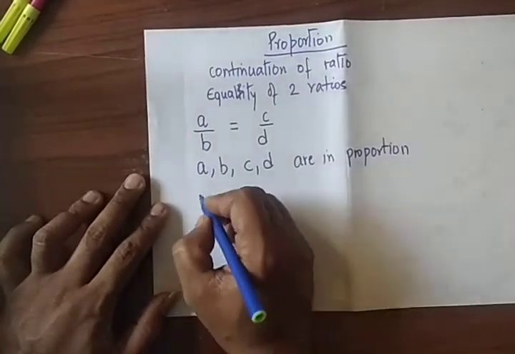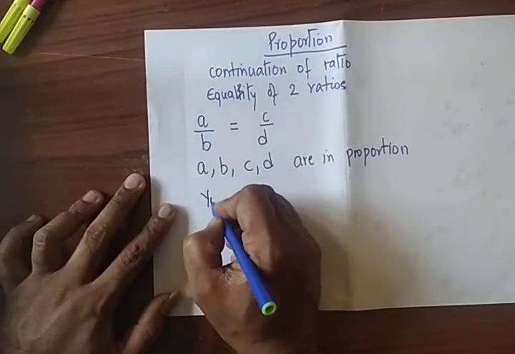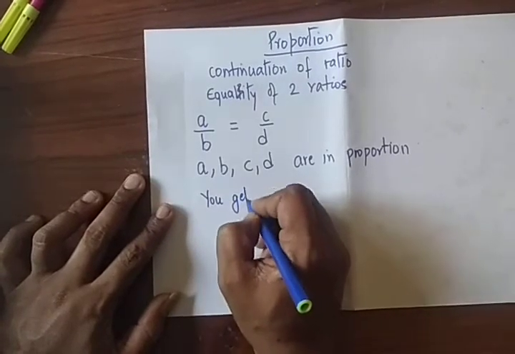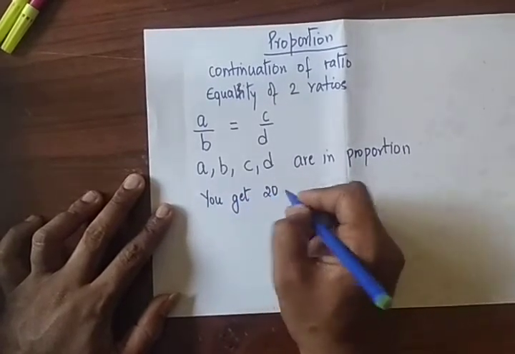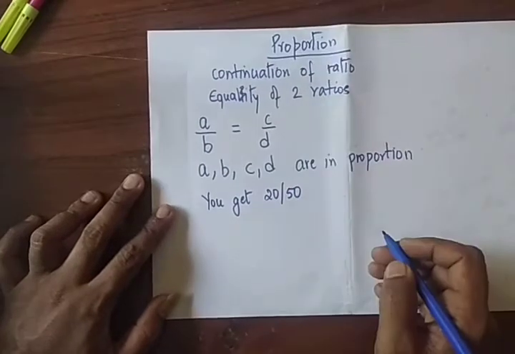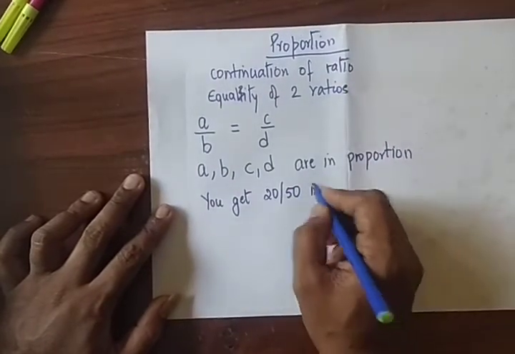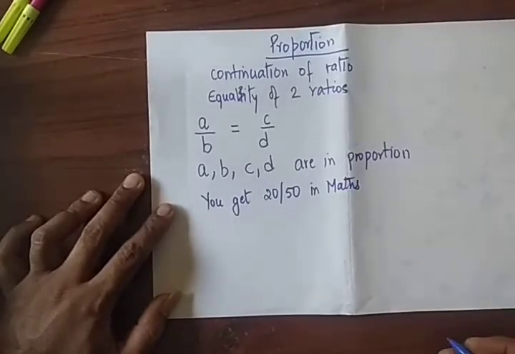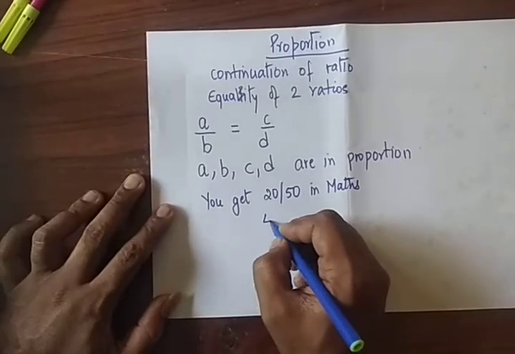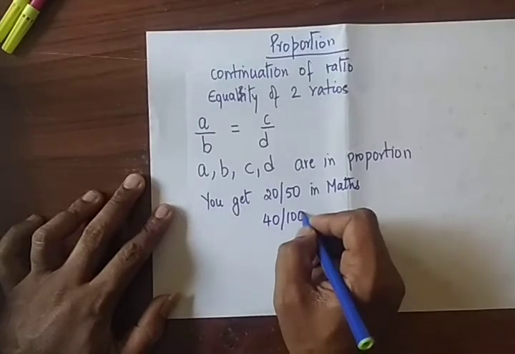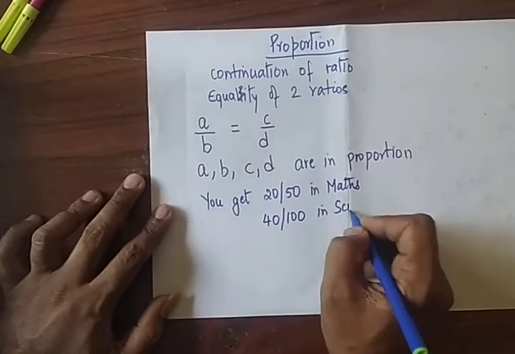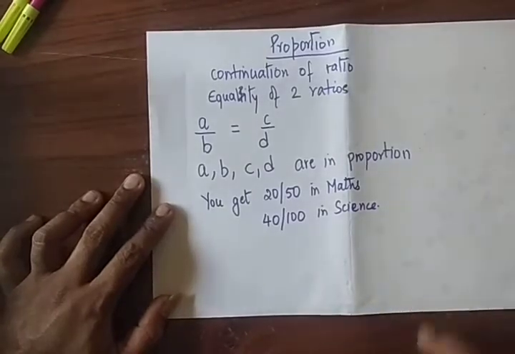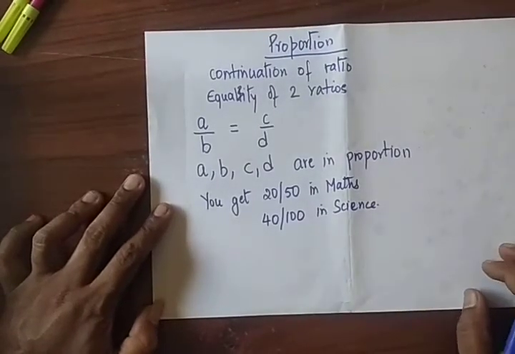For example, if you get 20 out of 50 in maths and at the same time you get 40 out of 100 in science, in which subject do you think you scored more marks?